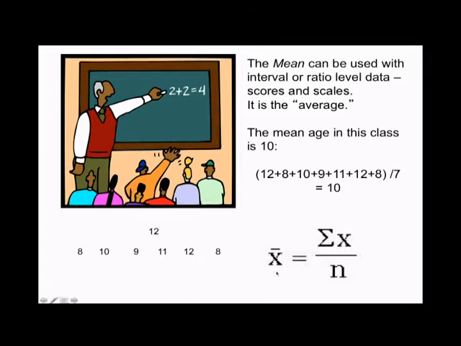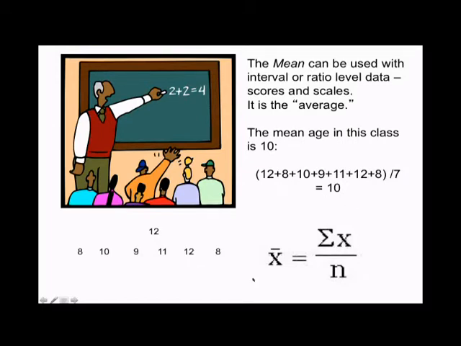So let's look at the ages of the children in this classroom. 8, 10, 9, 11, 12, 8, and 12. So we have 7 children in the classroom. We add up all their ages, and we get 70 as the total. We divide by the number of ages, 7, and so the average or mean age is 10.